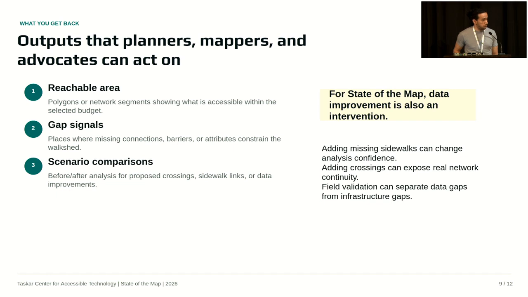Would love to incorporate that in the coming future. And you're able to actually, in real time, make edits to the router and experiment with what-if scenarios as well. So you can answer a question like, what if I added a curb ramp in this particular location on the graph? How much will that extend the reachability of a person?